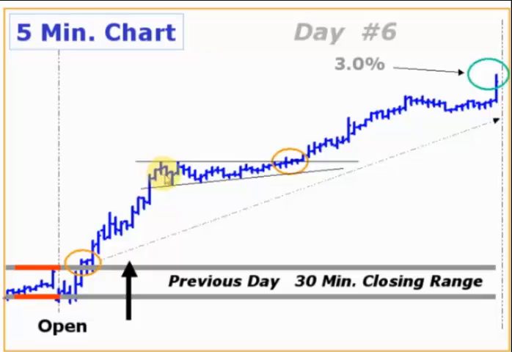Then we go into a little period, the early morning slow period, right? And we get what's called a Slim Jim pattern. Just think of the pepperoni stick from the 7-Eleven, and it's sloping up.